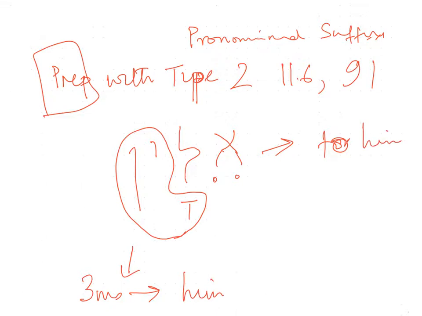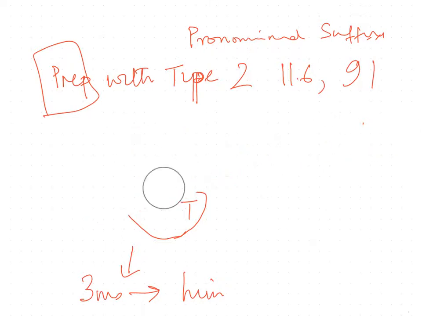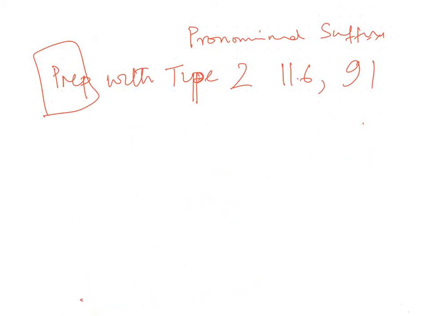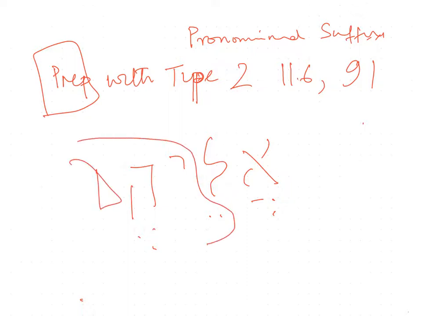Let me look at another one. Elehem. Now you know this entire unit is a type 2 3MP.